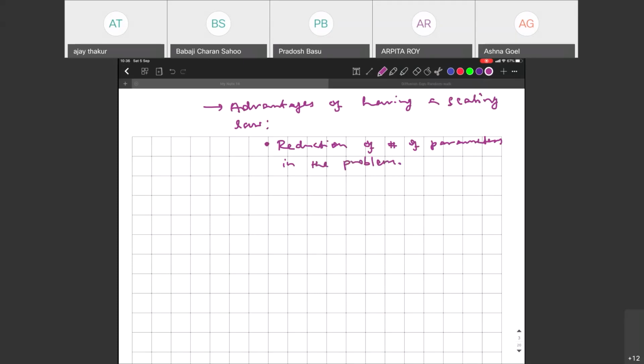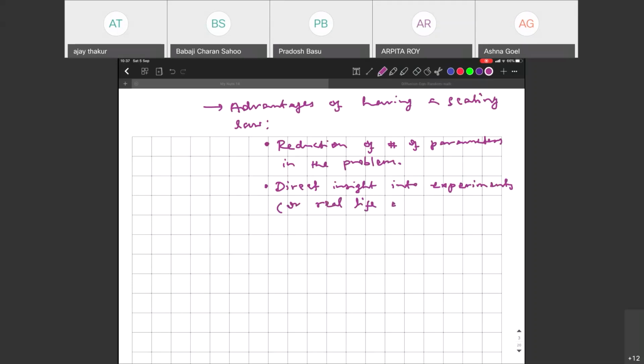So in a given physics problem, there can be many parameters, but if you find a scaling law between a set of parameters, then the number of parameters can be reduced, and then it provides a direct insight into experiments or data.